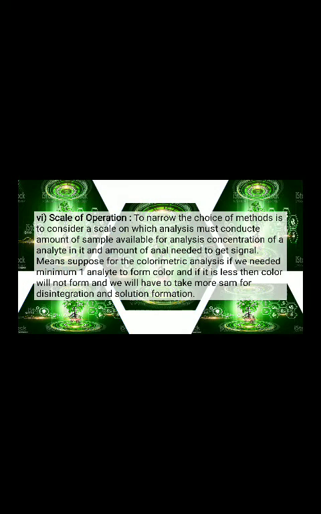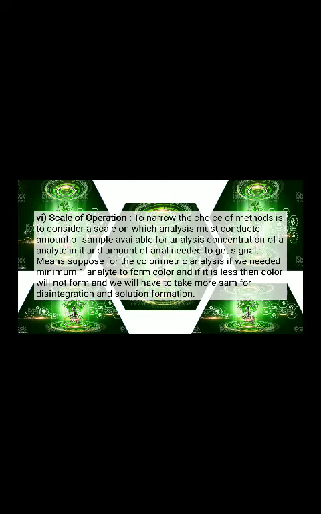Today we will continue with the parameters used for instrumental analysis: scale of operation. To narrow the choice of method, consider the scale on which the analysis must be conducted: the amount of sample available for analysis, the concentration of analyte in it, and the amount of analyte needed to get a signal.